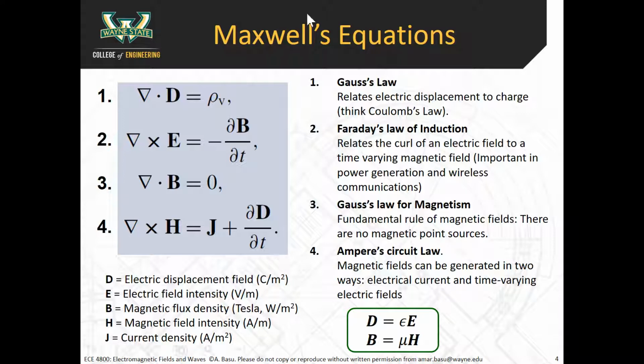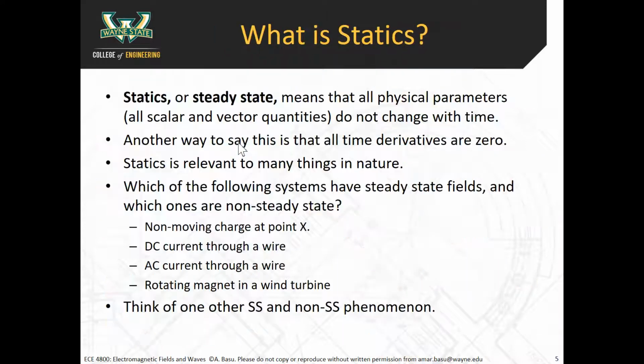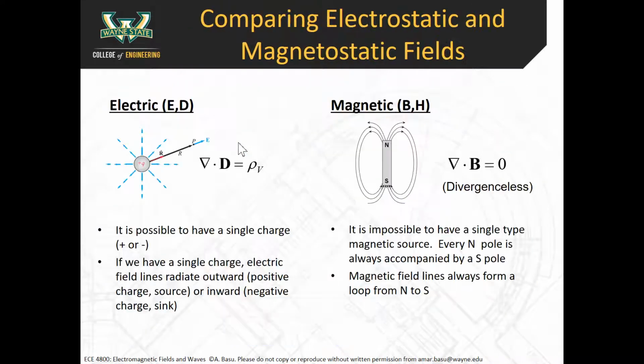In electrostatics, you found that field lines point away from charges. So you can have a situation like this, where I'm going to jump ahead here, where the field lines are diverging away from a point in space. Del dot D is equal to rho V. Now, in magnetic fields, you'll never have a situation where magnetic field lines are pointing away from a single magnetic element.